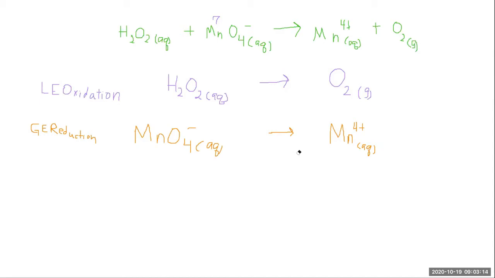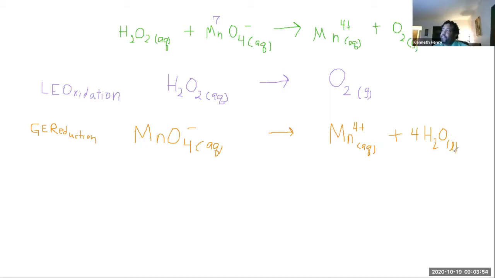Okay, so what is the next step? The oxygens on the reduction reaction. How do we account for those oxygens? Adding H2O molecules. To which side? Your product side. How many am I going to add? 4. So I'm adding 4.